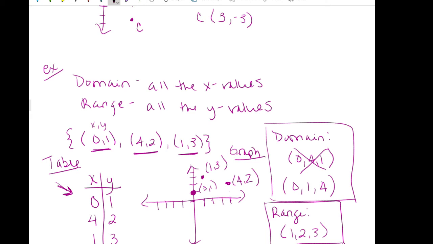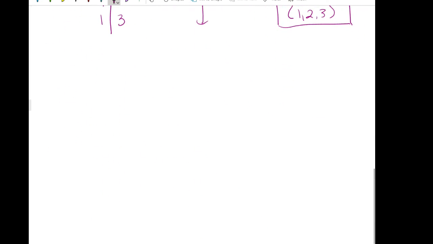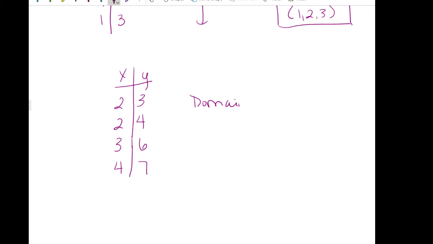So the only other thing that I want to note about the domain and the range is that when you have multiple numbers in the same column, for example, if I have the table 2, 3, 2, 4, 3, 6, 4, 7, and I want to write the domain, again, don't just write down the column.